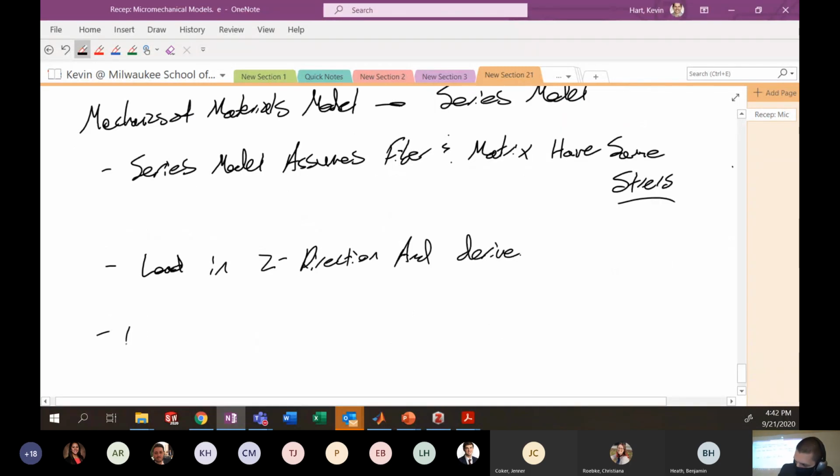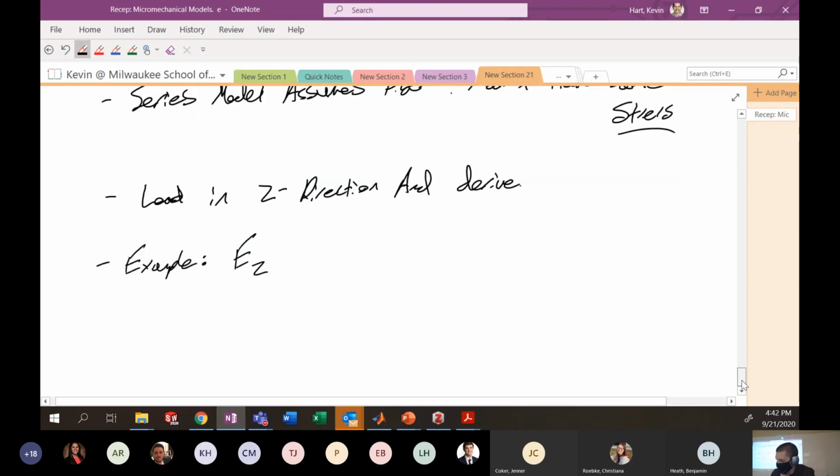So let's look at an example, with, let's say, the modulus in the 2 direction. The model you should have in your head is that we've taken our composite and flipped it on its edge. We're still going to have our one single fiber inside of the matrix.